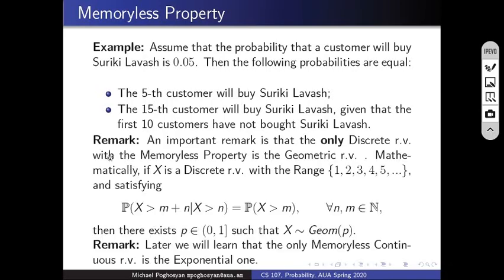Another important remark is that the only discrete random variable with the memoryless property is the geometric random variable.